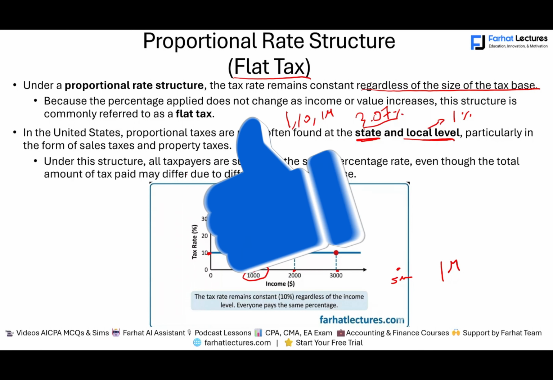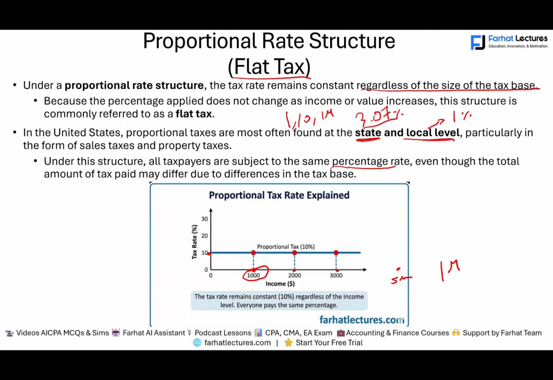So under this structure, all taxpayers are subject to the same percentage, even though the total amount of tax paid may differ due to the differences in tax base. So what's going to happen is you will pay the same percentage of your income, but obviously the more you make, the more you pay. But as a percentage, it's the same. A lot of people believe that's a fair system. Why?